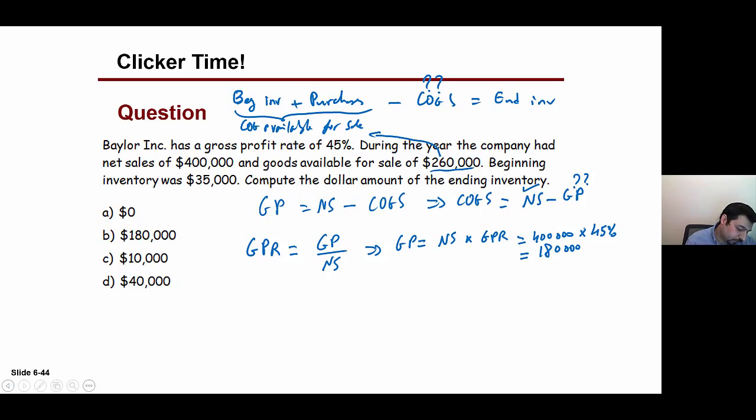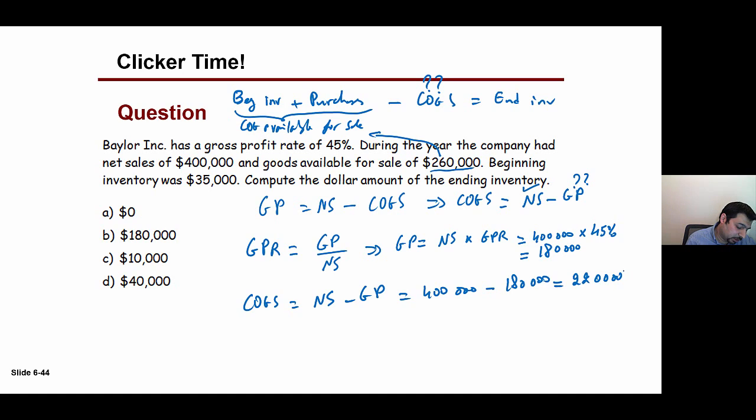Now, cost of goods sold is equal to net sales minus gross profit, which is equal to 400,000 minus 180,000. That would be equal to 220,000.